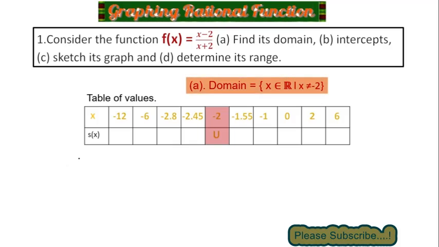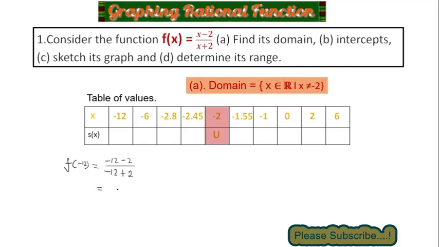So by substitution, we have f of x, let's say the value is negative 12. We'll only solve up to 3 examples, and the rest use the same procedure. So f of x, when x is negative 12, by substitution we have negative 12 minus 2 over negative 12 plus 2.